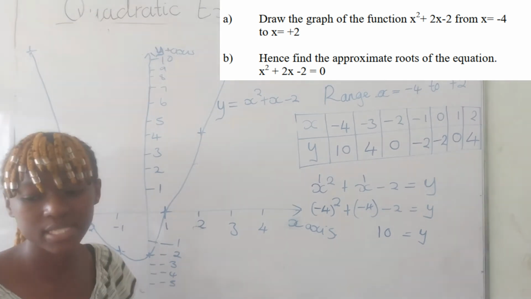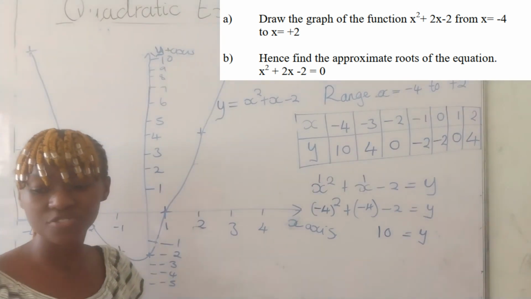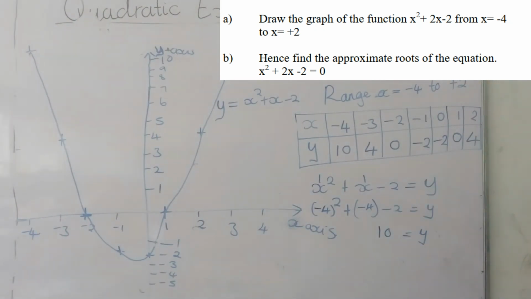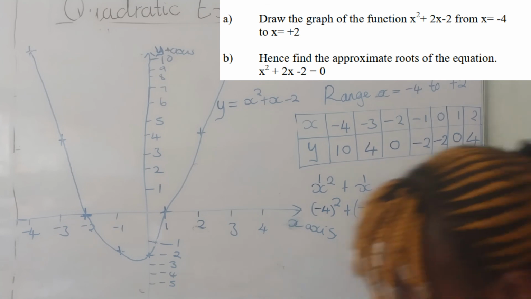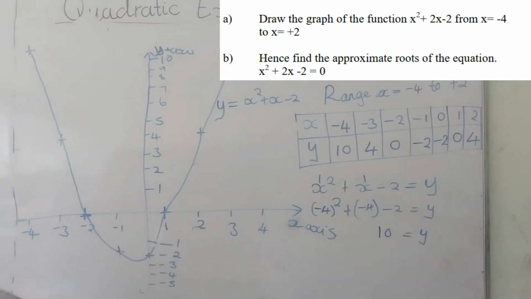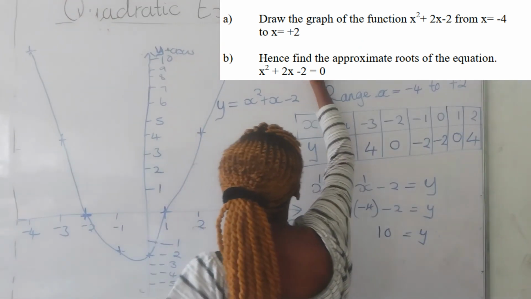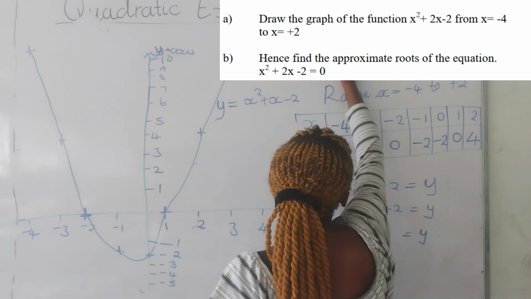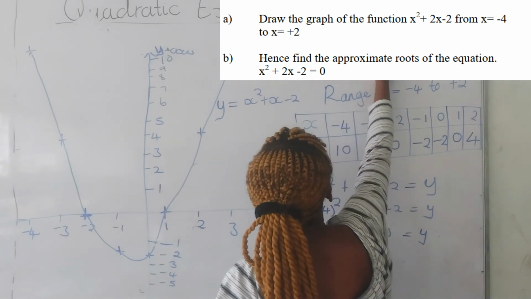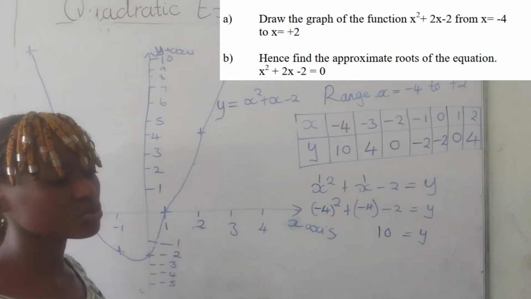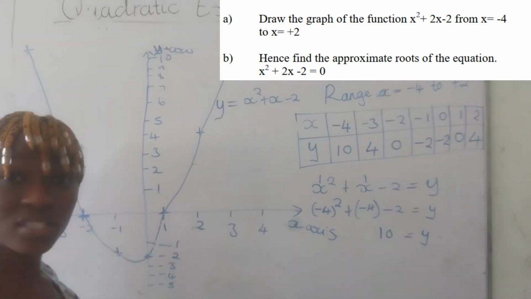Part B says hence find the approximate root of the equation. Now for the equation, they have said find the approximate root for the equation x squared plus x minus 2 is equal to 0. As we were saying earlier, find the roots, that's the same as find the x values.